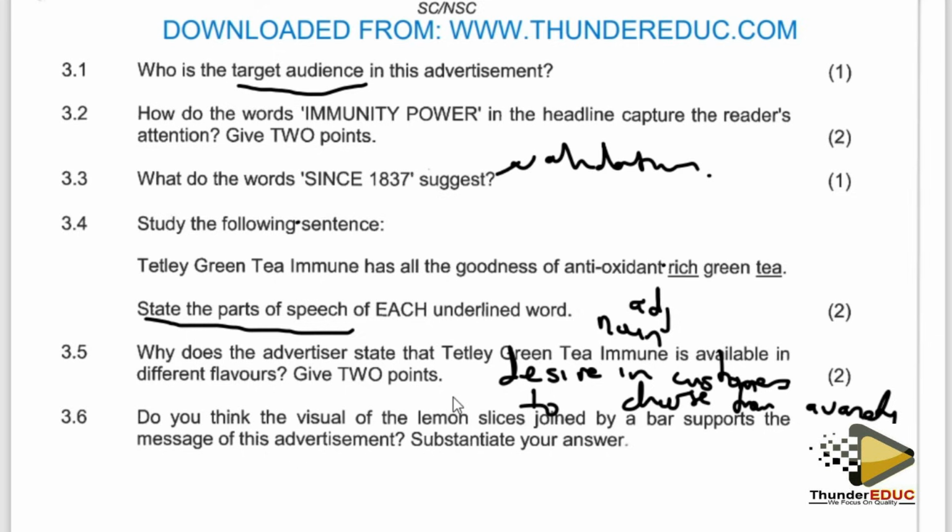It is also the other one that we can give. If we don't give this one, we can give another one and say to capture the interest of the customers to want the product.